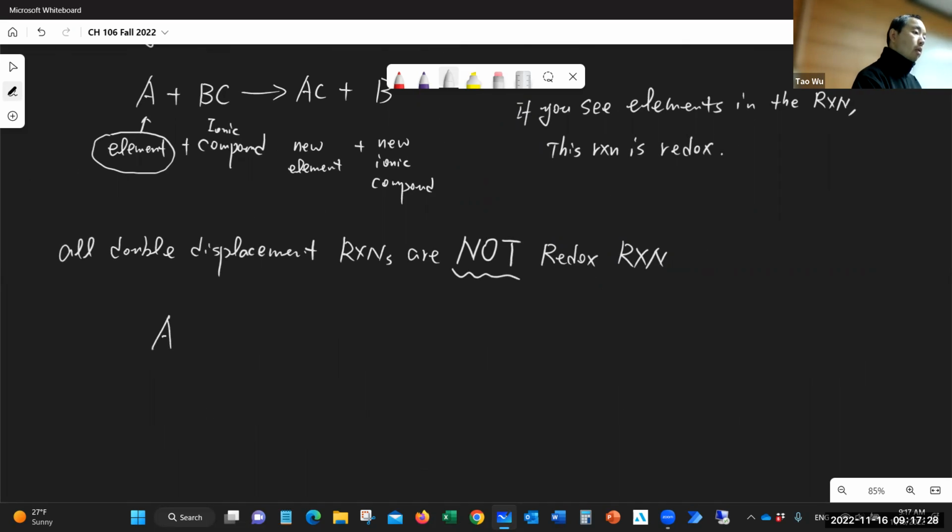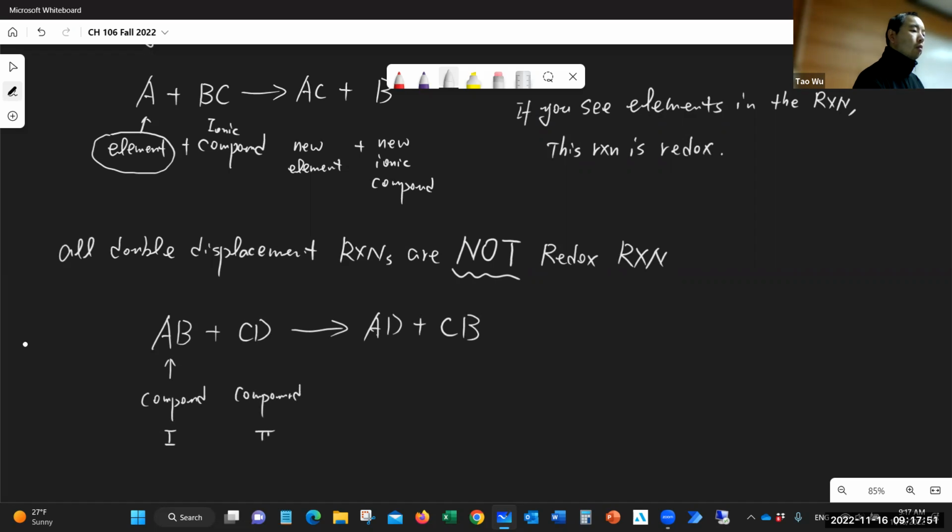You can think about this as AB plus CD, and then they're going to form AD plus CB. So this is compound 1 and this is compound 2, and this is new compound 1 and new compound 2.